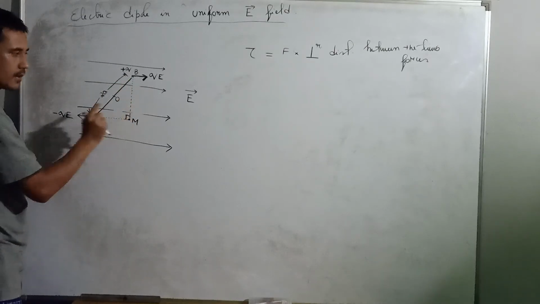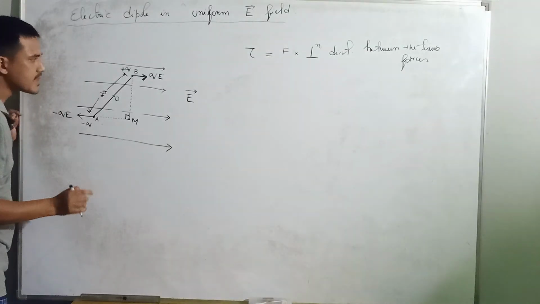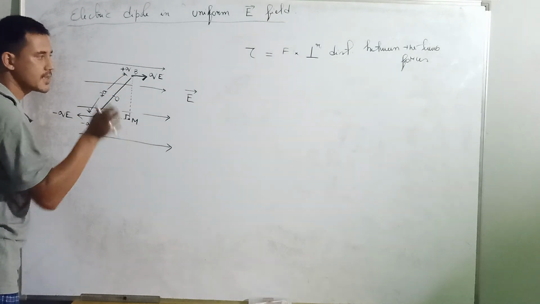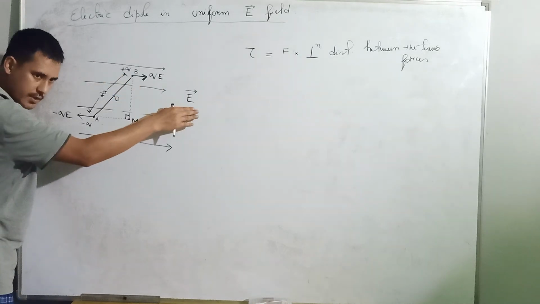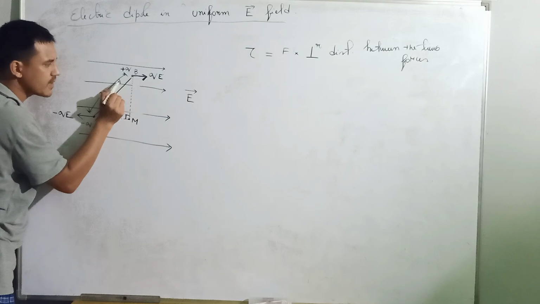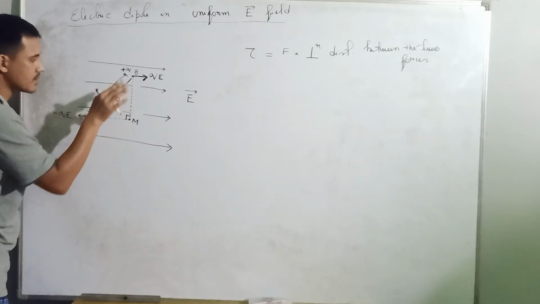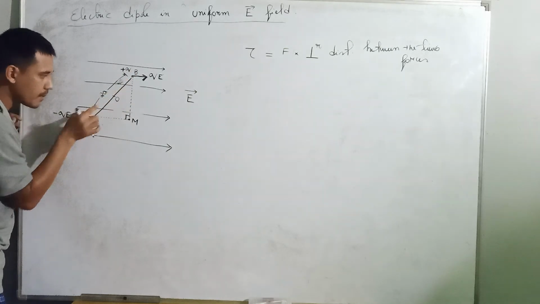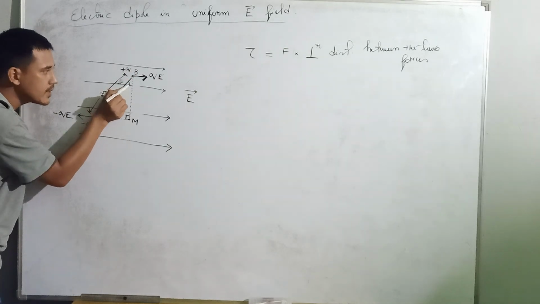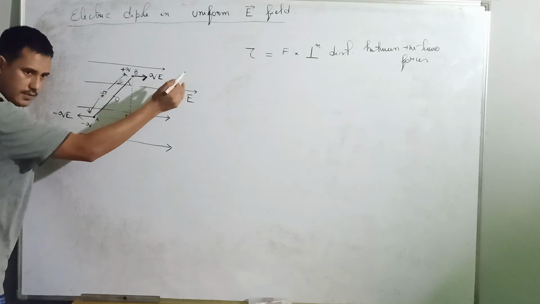Now let's say that this dipole, since it is placed in a uniform electric field E, makes an angle theta with the field.